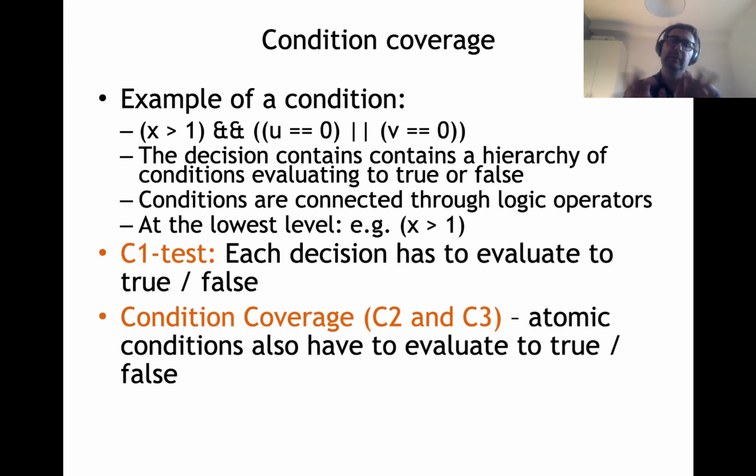So we have 3 atomic conditions, and then we see that atomic conditions 2 and 3 are combined with an OR operator. So now that's one combined or complex condition, and this combined one is then combined with the AND operator with the first atomic condition. So in total there's a hierarchy here of levels. At the lowest level we have atoms, and then they are combined through logic operators.